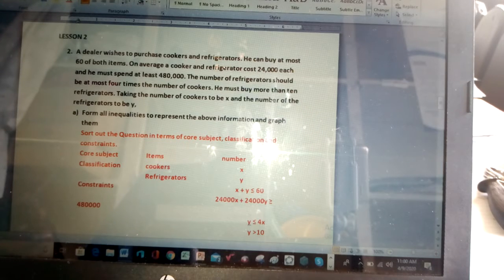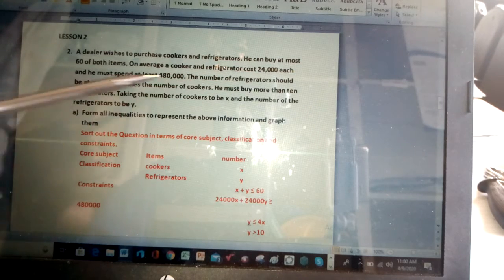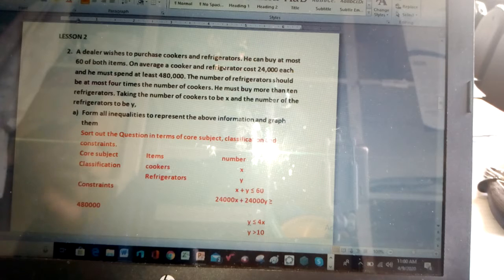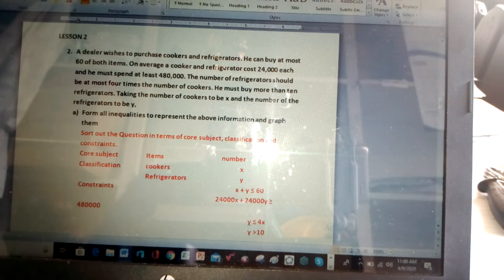If you read very well, you see that he can buy at most 60 of both items. So the number of cookers plus the number of refrigerators cannot exceed 60. You can think of less but not more than 60. That is a constraint you can see now.